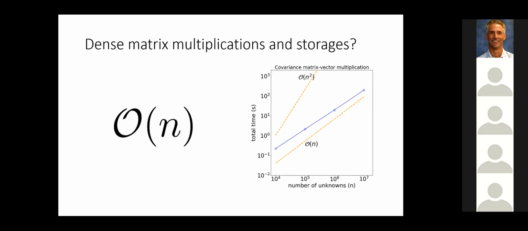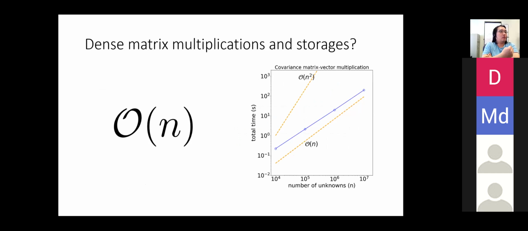Okay, so the basic idea is that one advancement in this area is to try to make all of this multiplication and storage as scalable as possible. By scalability, I mean linear scalability, where if you increase the number of parameters or number of grid cells, then your computation cost increases at most linearly.